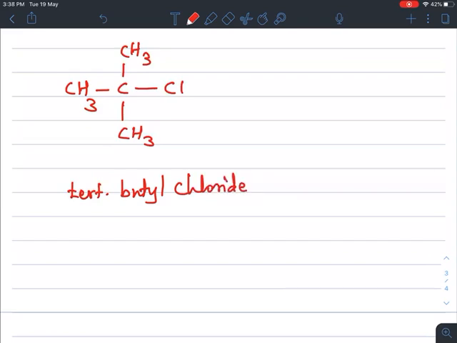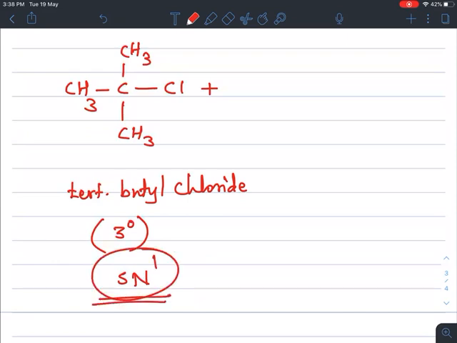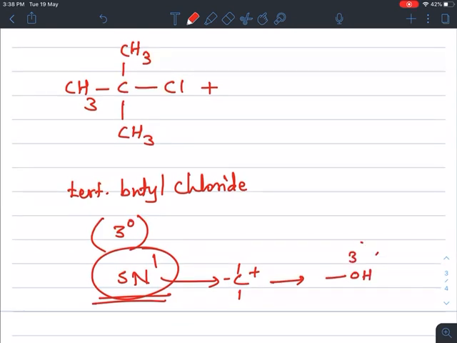This is the tertiary alkyl halide, and which type of reaction mechanism does it show? SN1 reaction mechanism, meaning a two-step reaction. In the first step it forms a carbocation intermediate, and further it gives its corresponding tertiary alcohol. Okay. So you know the detailed mechanism in halogen derivatives.